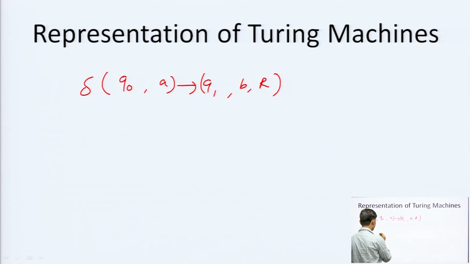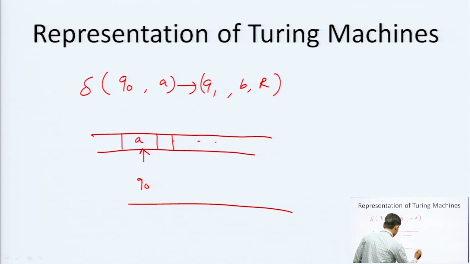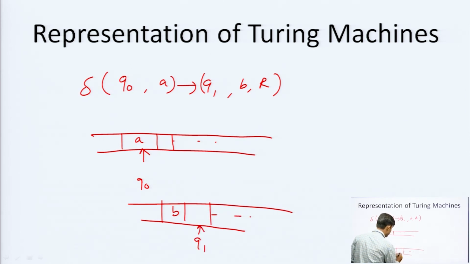So what is that? If your tape is like this, input is A, just taking an example, input is A, now Q0. Then after this, in Q0, A will be replaced by B, then Q1 will point to this. So this transition is like that.